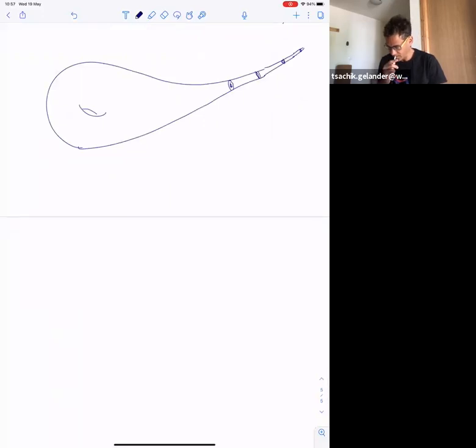The result is the following. Corollary. Let G, okay, let's formulate it precisely. So let G be a Q-algebraic group.